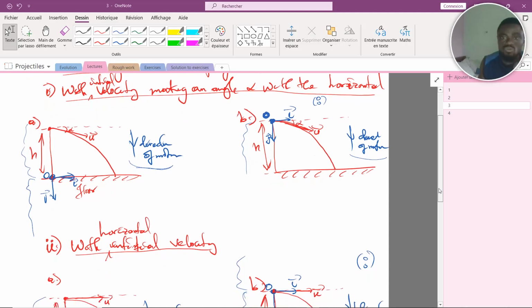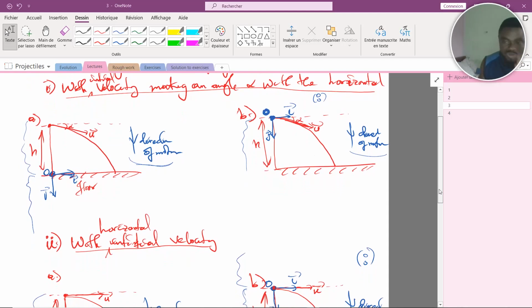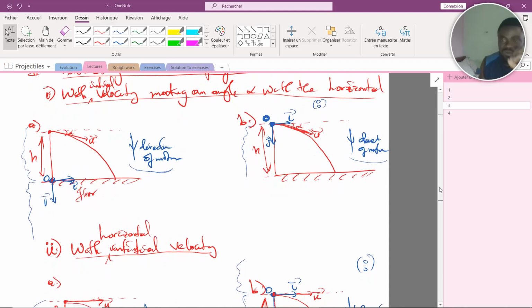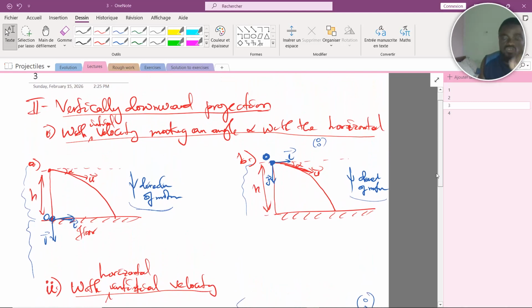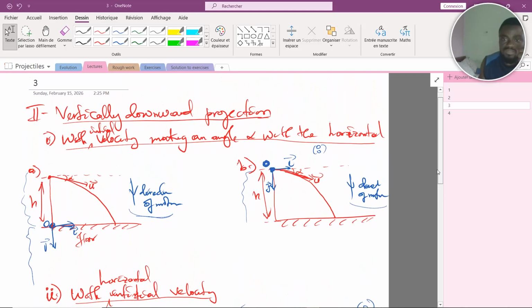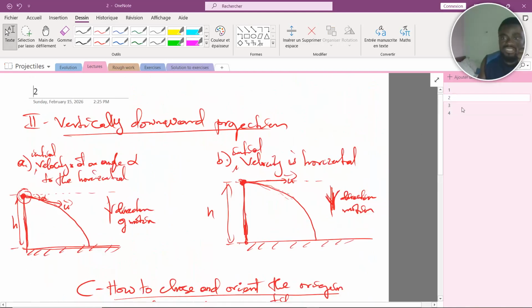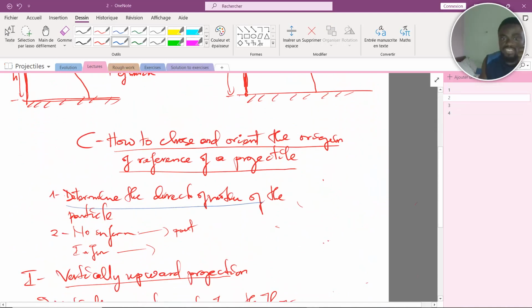Look at this video twice or thrice to master everything that I said. So when you are in an exercise, the first thing you have to do is determine your direction of motion. After determining your direction of motion and drawing your diagram, you have to ask yourself this question: has any information been given on the point I should take as origin of reference?